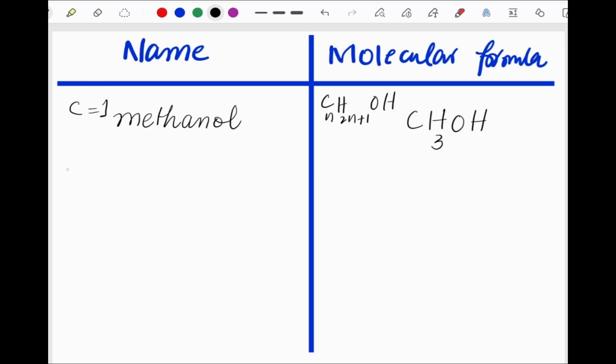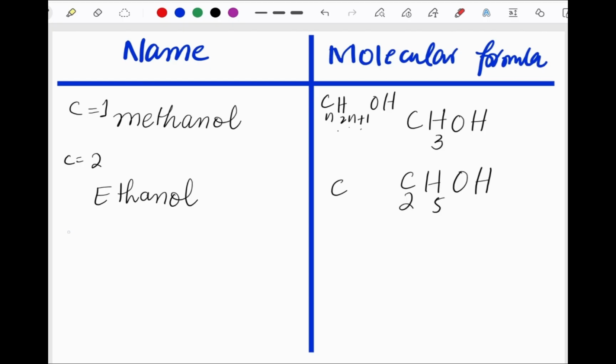Now if carbon number is 2, that would be ethane, right? But we will eliminate this E and instead we will add ol: ethanol. Now carbon number is 2, hydrogen is 2 into 2 is 4 plus 1, 5, and OH.